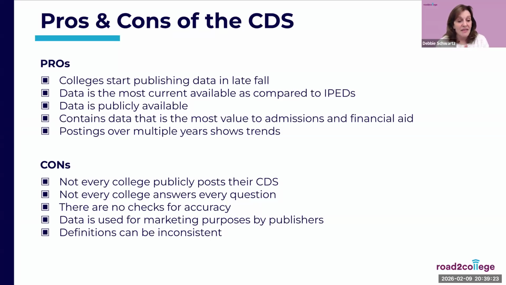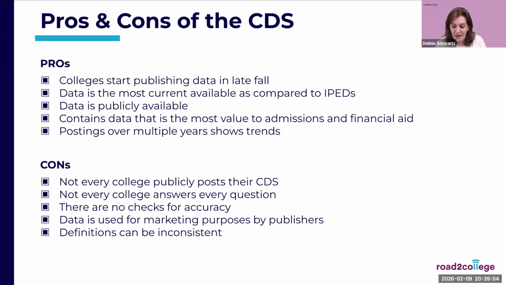This is actually the other con, and this relates not just to the Common Data Set, it relates to all college data out there. It's just something to know: it's never fact checked. It's never double checked. Whatever the colleges report is just taken at face value. There's nobody who looks over the Common Data Set information and says, "Hey, this doesn't make sense," or "Is this really the correct information?"